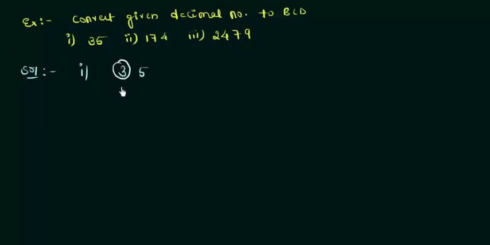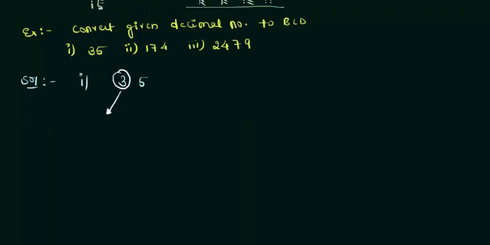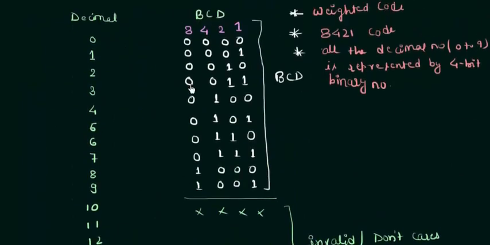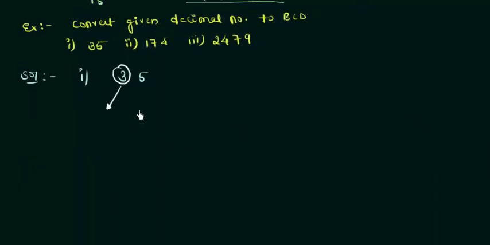You have to take the first number 3 and represent it in BCD, and 3 is represented in BCD by 0011. Now 5 is represented by 0101, you can see from the above table. So in BCD it can be written as 00110101. This is how we represent a number in BCD.